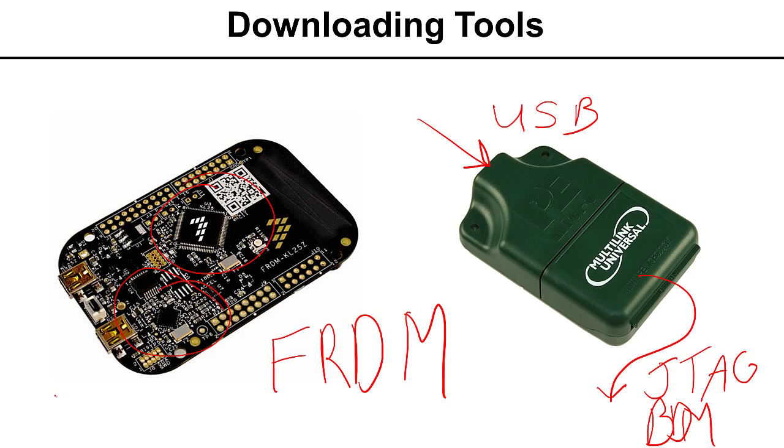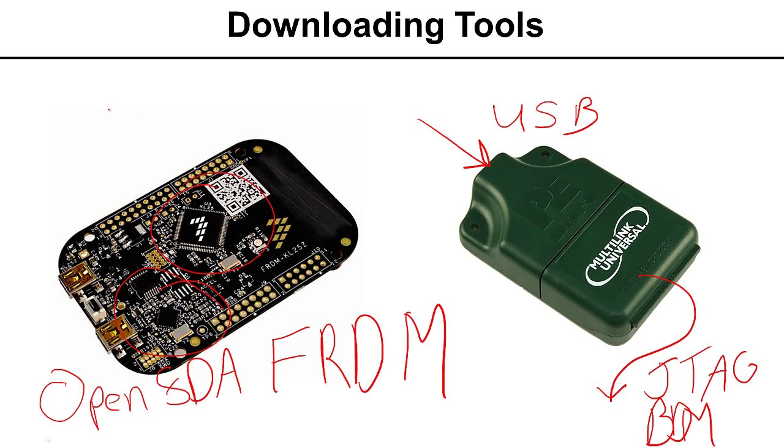In this case, this has an interface called OpenSDA. It's just a debug interface that allows you to plug in CodeWarrior and do all the code downloading. I think, for example, this is a $13 board. There are boards that are $50, $100, but more often than not, they'll have the debugger built in.